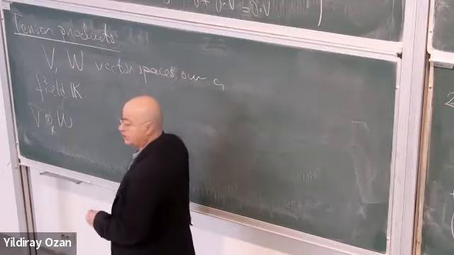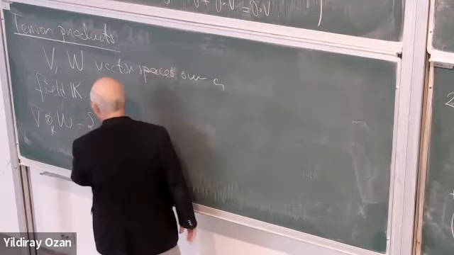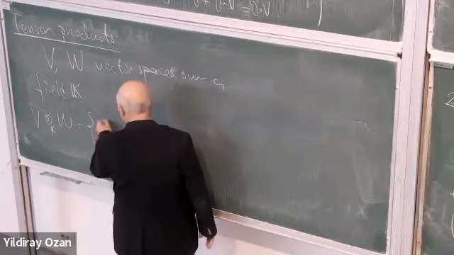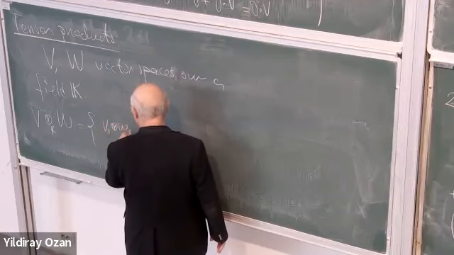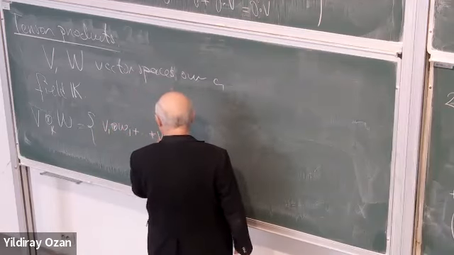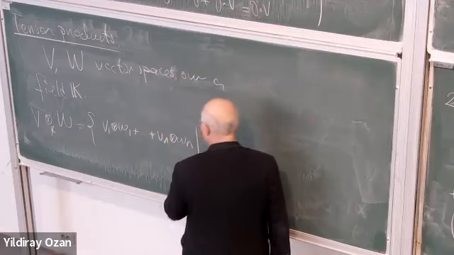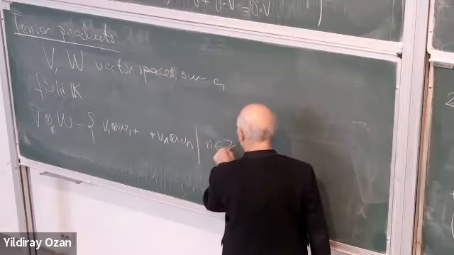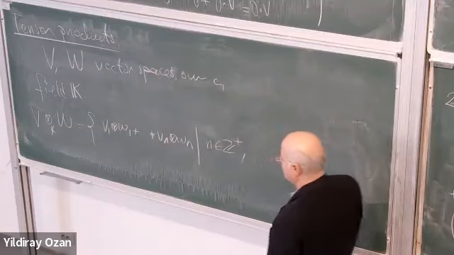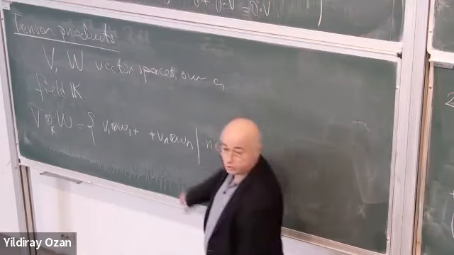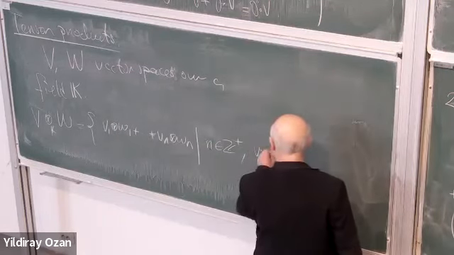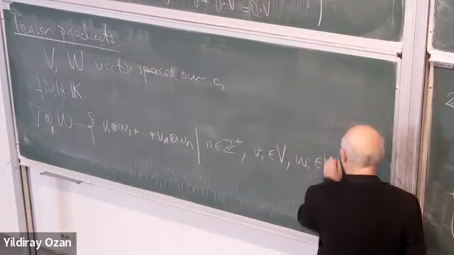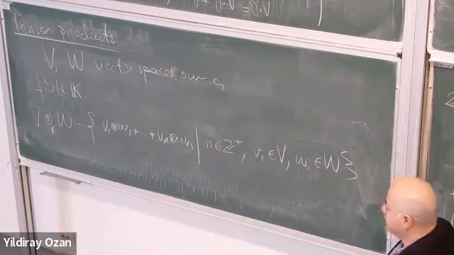So what is this gadget? This is a set of formal objects of this form: V1 tensor W1, plus and so on, Vn tensor Wn. Here n is a positive integer, so we have only finite sums. The Vi's are elements of the first vector space, and the Wi's are elements of the second vector space.